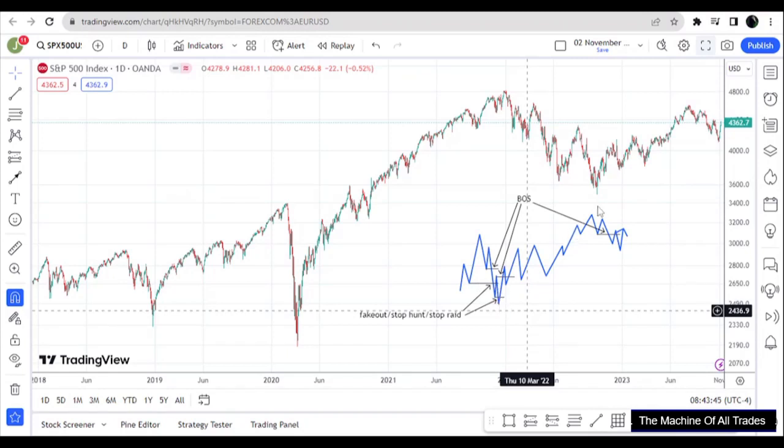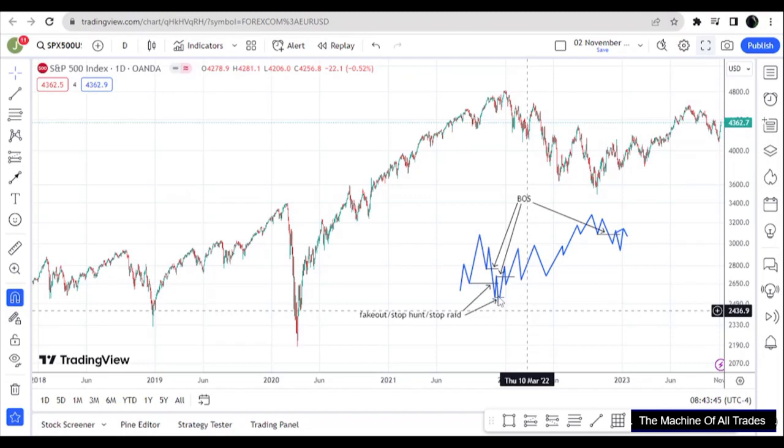Turning bullish. So it was a fake out in the higher time frame, but in this structural representation of market structure that I'm using here, it showed that it was a break of structure, but I just labeled it as a fake out.